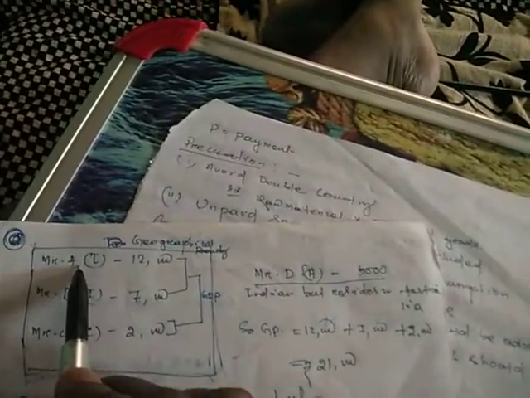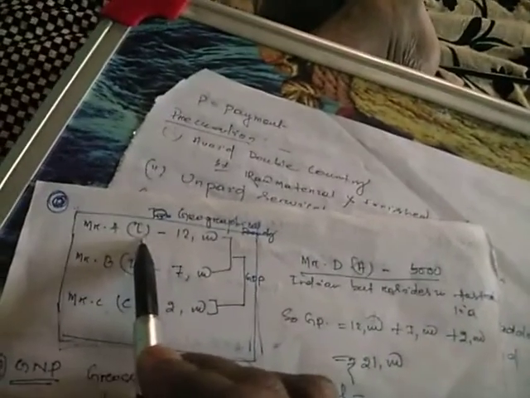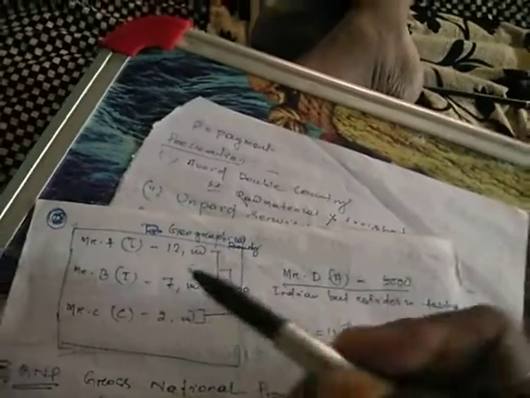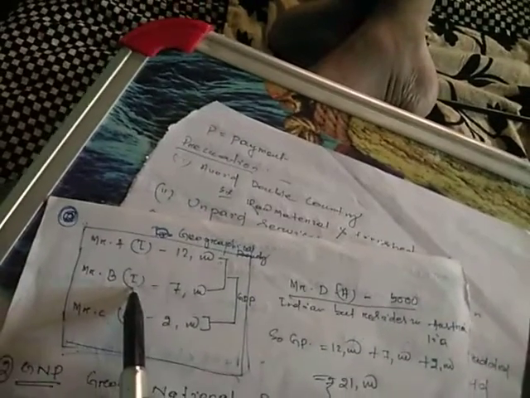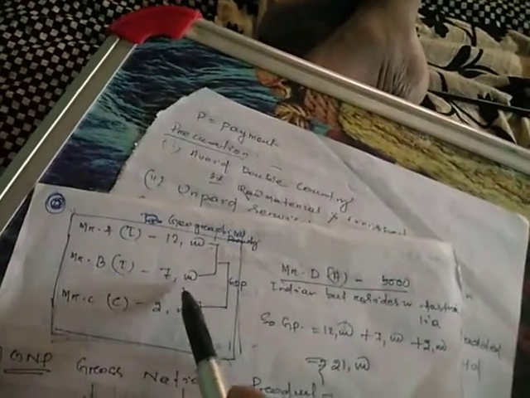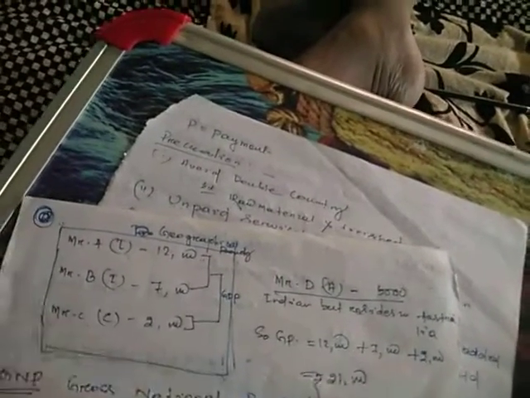One person, Mr. A, resides in India. That person is Indian and his earning is within India also. He resides in India and earns in India also. That is 12,000, let's say. Now, Mr. B, he is also Indian, resides in India, and his income is 7,000 in India.